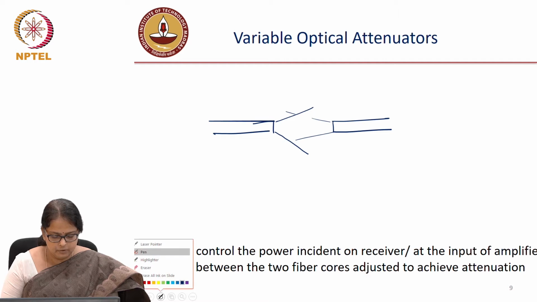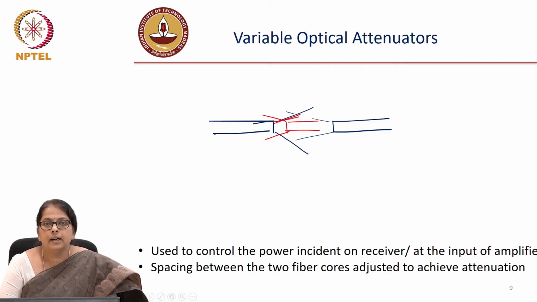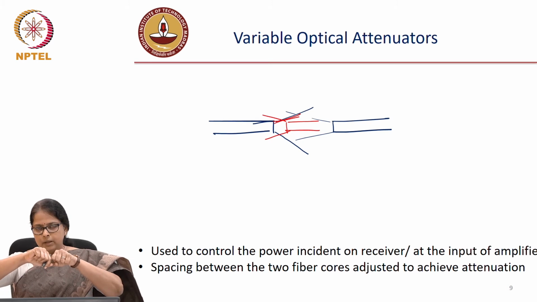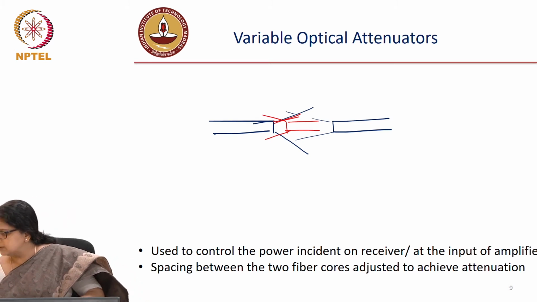For example, if your second fiber is placed very close to the first fiber, then all the light that is diverging from the first fiber will get collected by the second fiber. So just by adjusting the spacing between the fibers, you can make an attenuator. I'll show you how this is done.